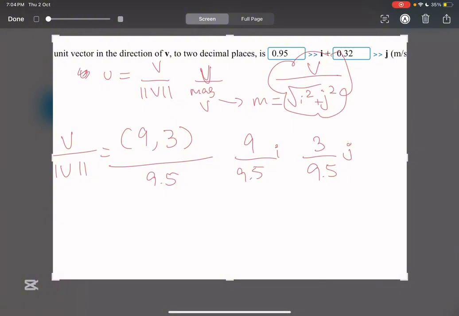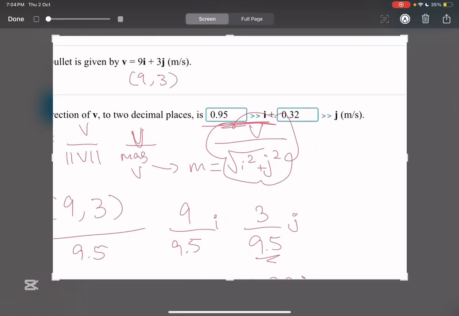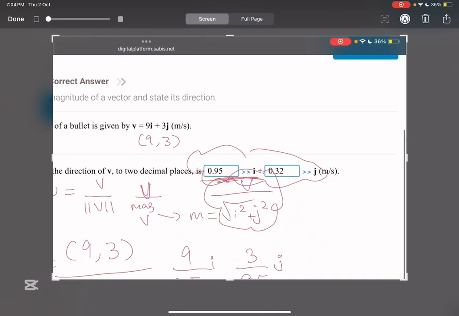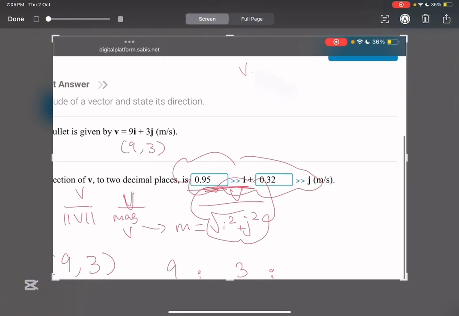So 9 over 9.5, you're going to get 0.95i, which we have here, plus 3 divided by 9.5, which is 0.32j, which is exactly what we got here. So remember, the equation for the unit vector is just v, so the points, over the square root of i squared plus j squared.